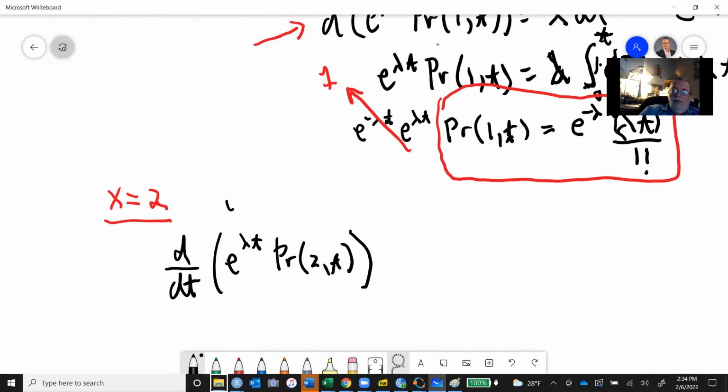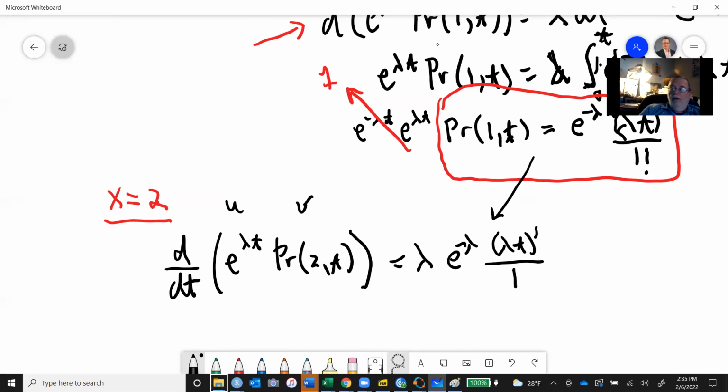And this is u, that's v, remember. Equals lambda times this number, e to the minus lambda t, lambda t to the first power divided by 1 factorial.